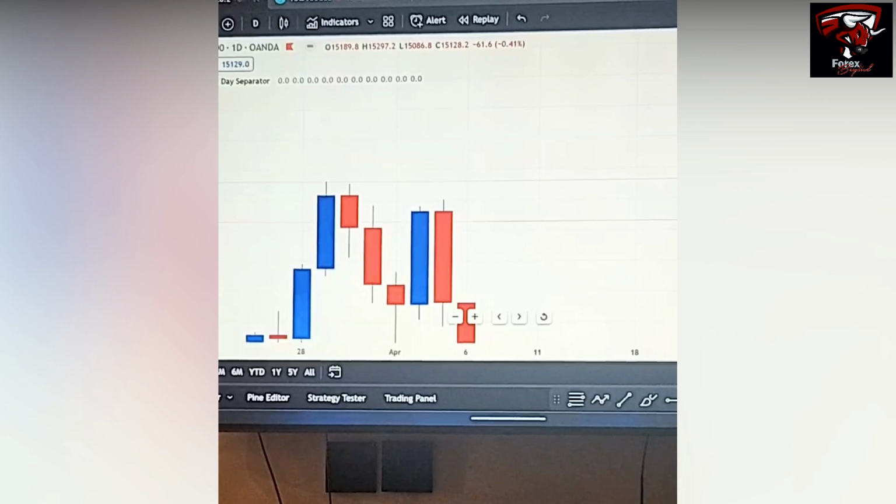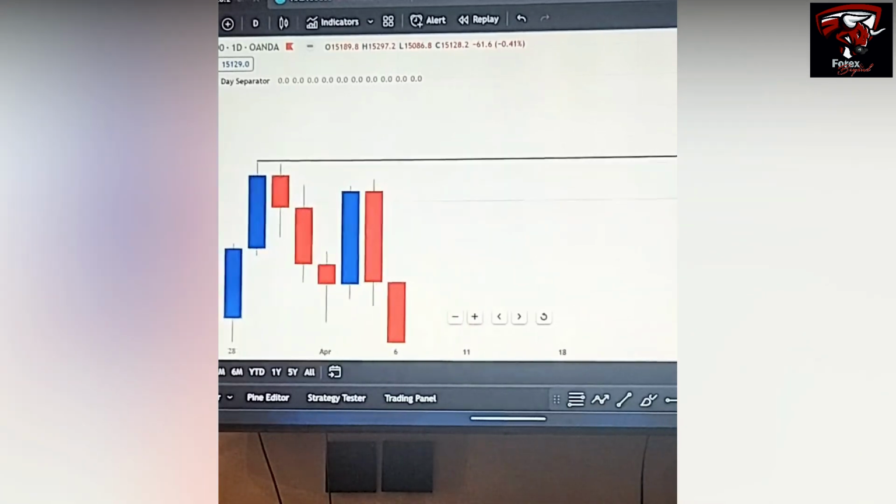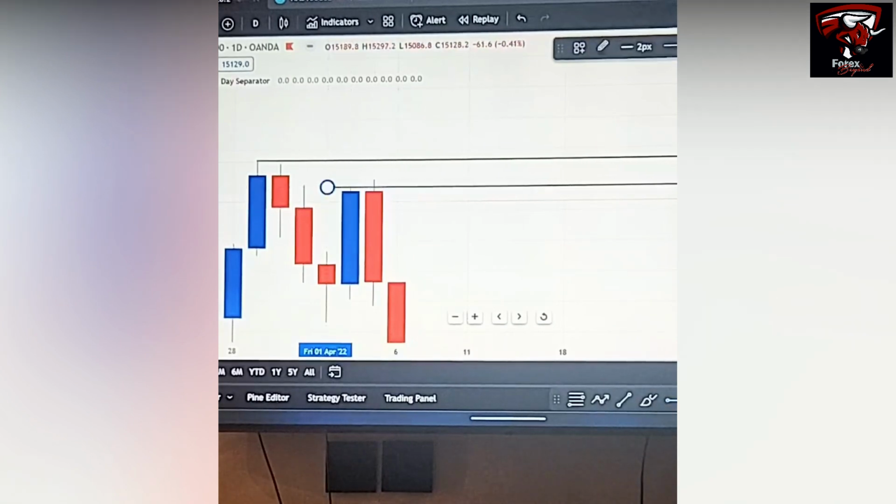So if you look over here, there's still this liquidity sitting at the top over here. They trapped them over here, but didn't trap them at that high.